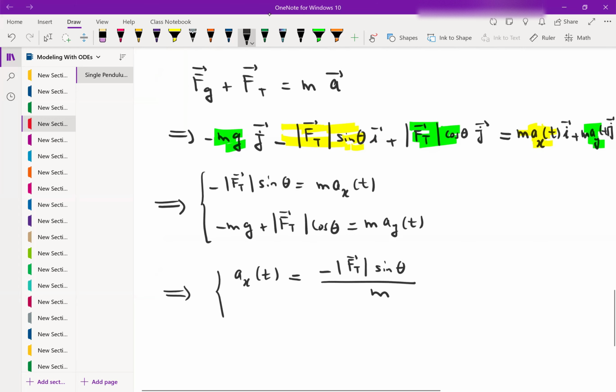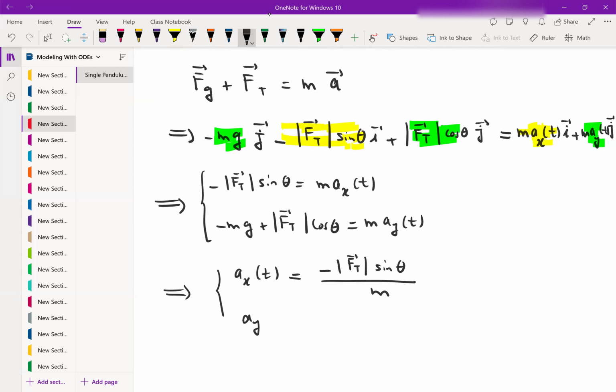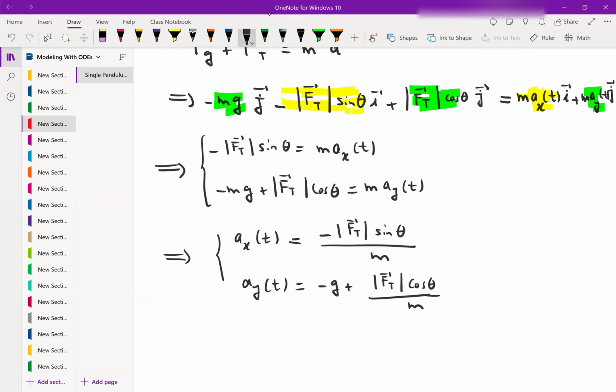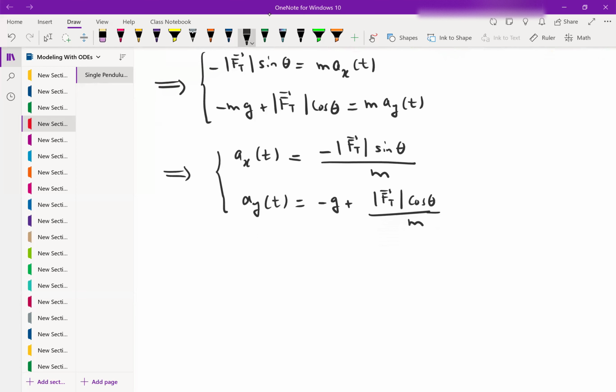And the y component of the acceleration must equal negative g plus the magnitude of the vector Ft cosine theta over m. So far, so good. And of course, a_x is the second derivative of x with respect to time, and a_y is the second derivative of y with respect to time.